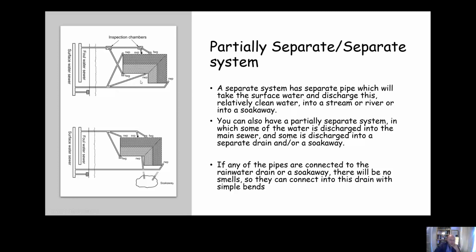A partially separate system might be a system in which some of the rainwater might go into the foul water, like you can see RWP rainwater pipe here. That one's going into the foul water, so that's a partially separate system because the rest of it is going into a separate surface water sewer, or it's shown on here as potentially going into an alternative connection rather than having a surface water sewer.